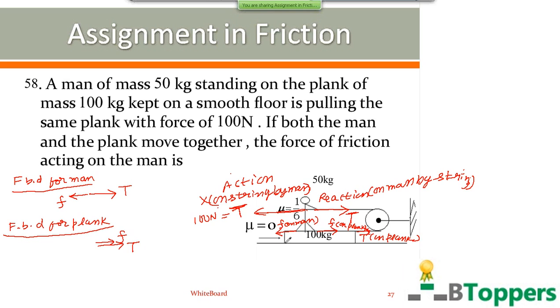There is no friction between the plank and the floor. That means the plank is resting on a smooth floor, so there is no frictional force by the floor. Of course, in the vertical direction, the weight of the man acts downwards. Let M1 denote the mass of the man, which is given to be equal to 50 kg.